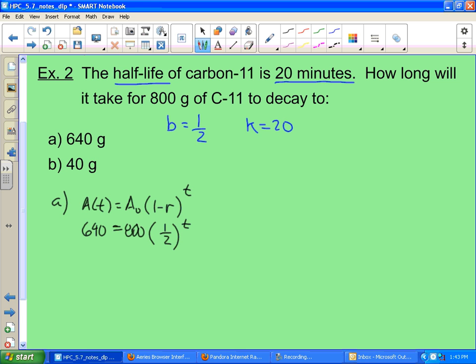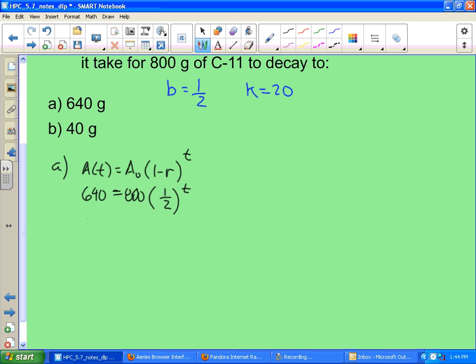Right? So what we're going to find here is the number of 20-minute time periods that we're going to end up with. So we get 0.8 equal to 1/2 to the t power. And then I set up my change of base. I get log base 1/2 of 0.8 is equal to t.